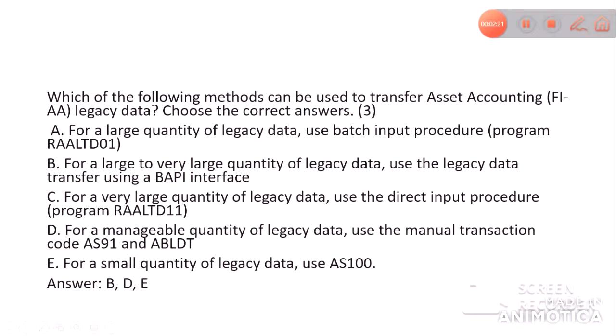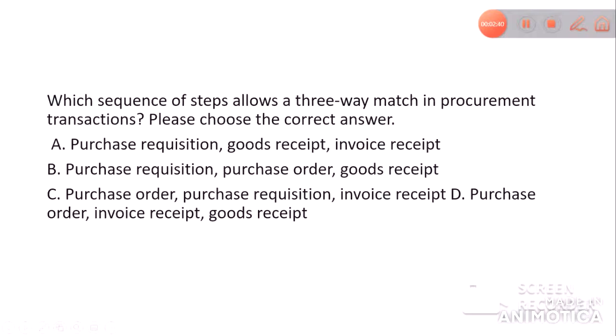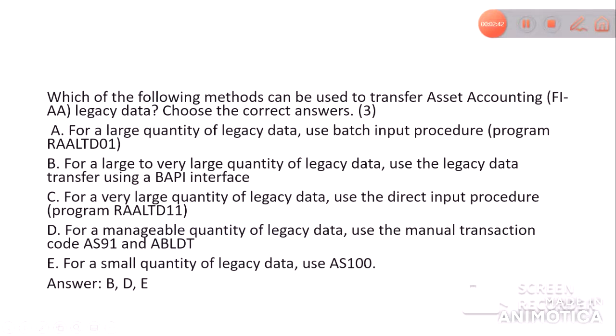Which of the following methods can be used to transfer asset accounting legacy data? For large to very large quantities, use the legacy data transfer using a BAPI interface. If it is a manageable quantity, use the manual transaction.